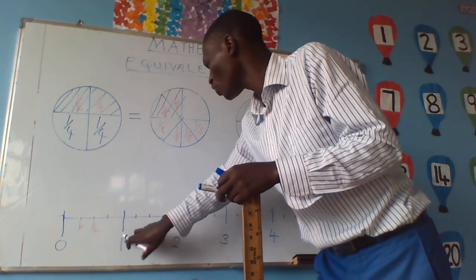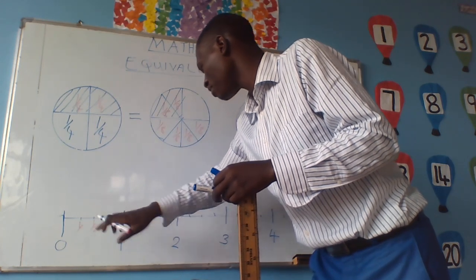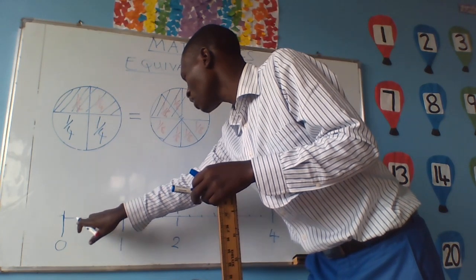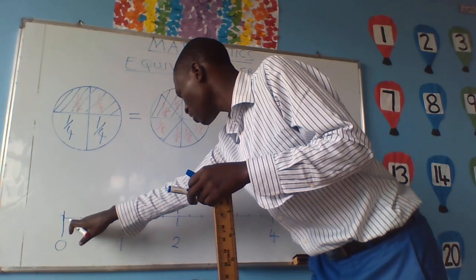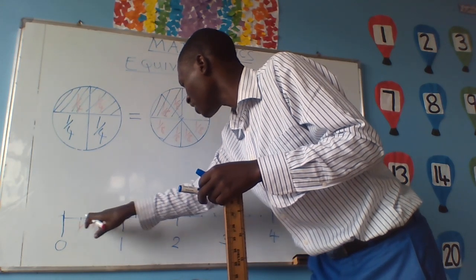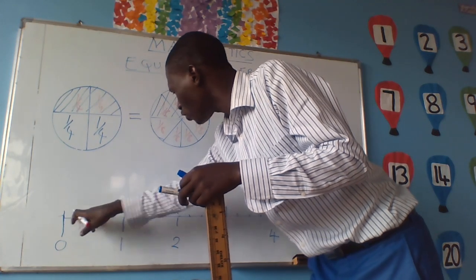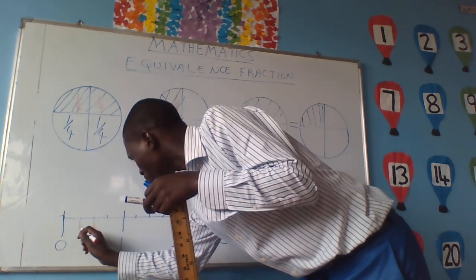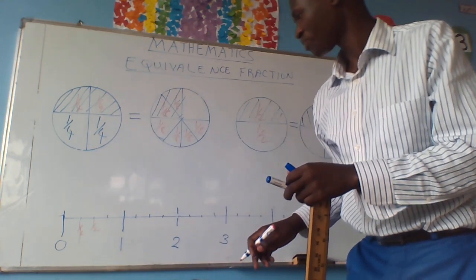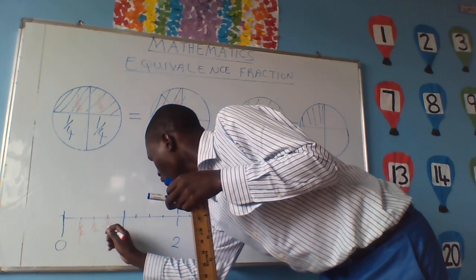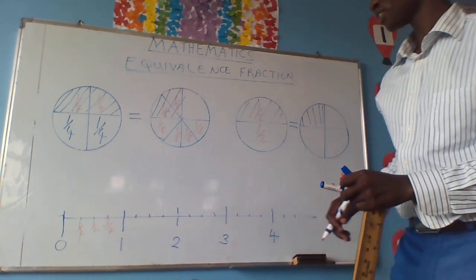Before reaching 1, we have to reach a half. And then, before reaching a half, we have to meet a quarter here. That means a half of a half. That means it will be a quarter. This one will be 3 out of 4.